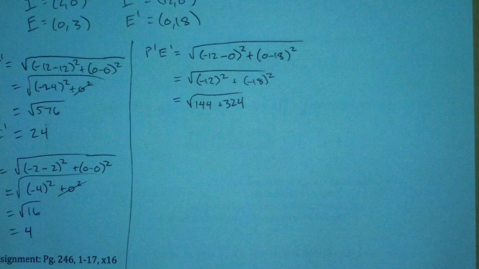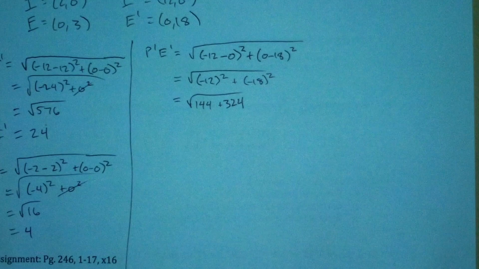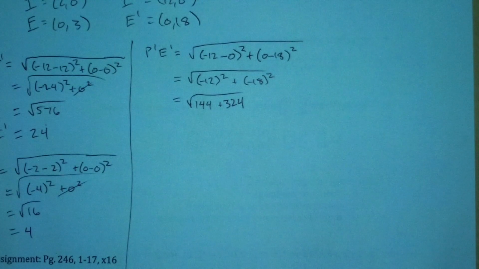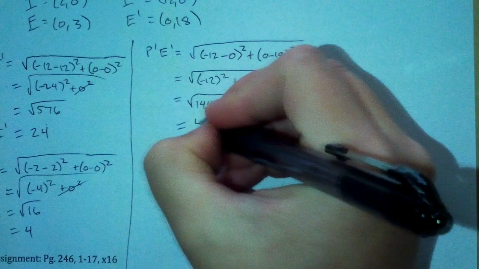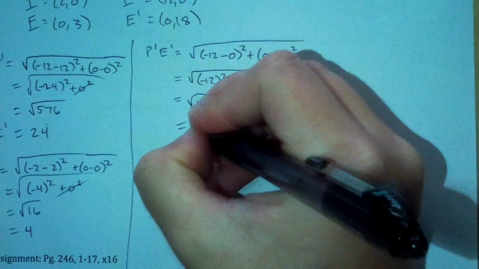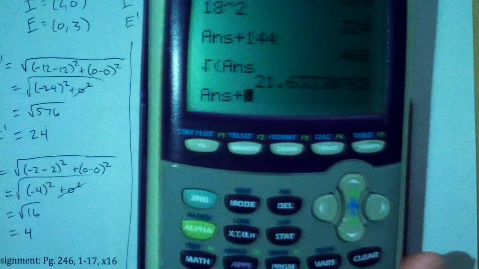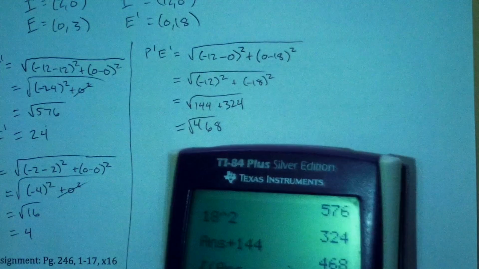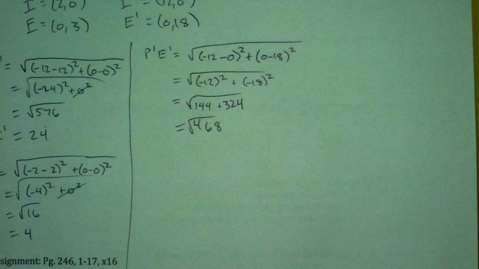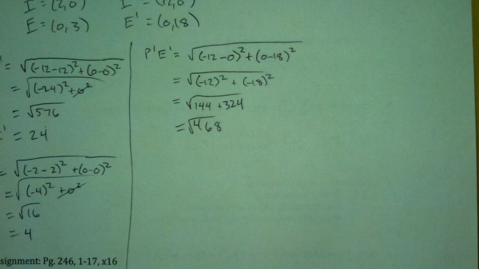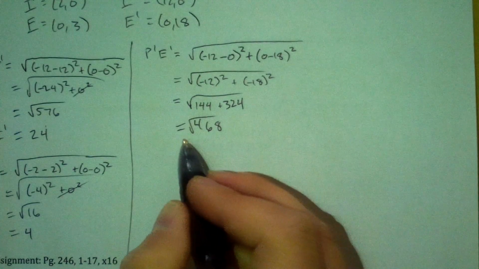And then one more time here. So we've got to go I prime, E prime. So we'll go square root of 12 minus 0 squared plus 0 minus 18 squared. So that would be square root of 12 squared plus -18 squared.